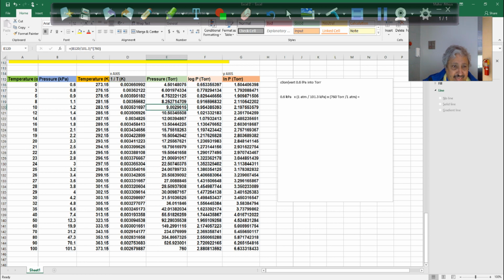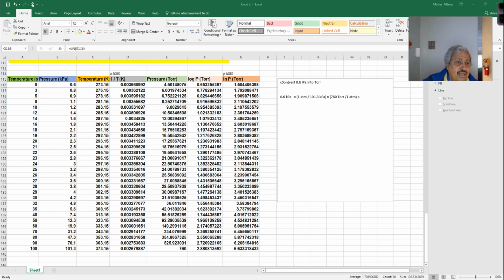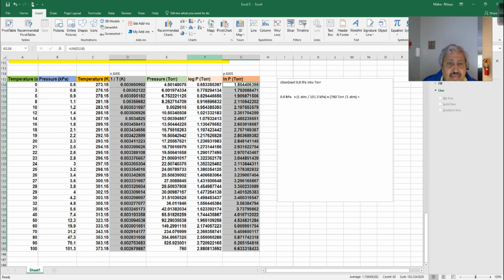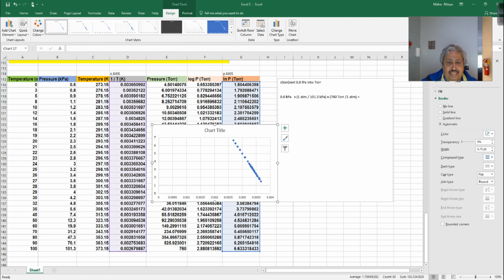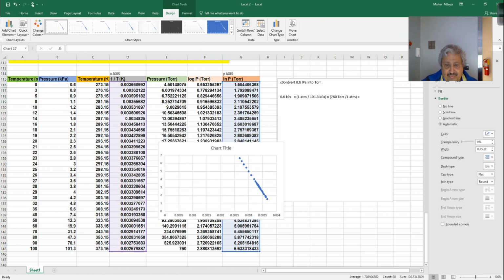I am taking this all the way, and then control, ln of P all the way, insert. Again, we'll do the same thing we did before. I'm inserting here the scatter plot.